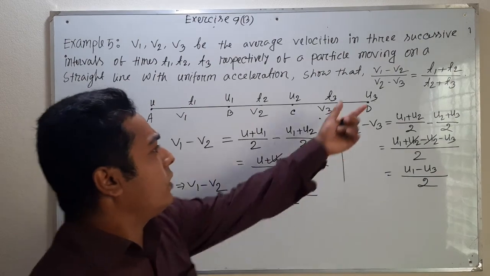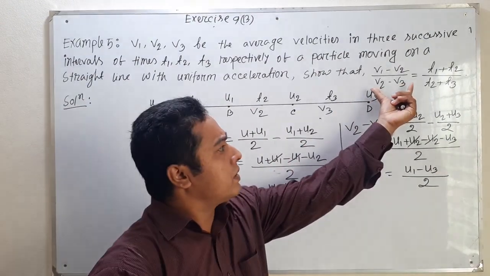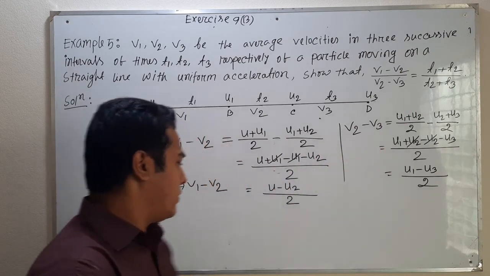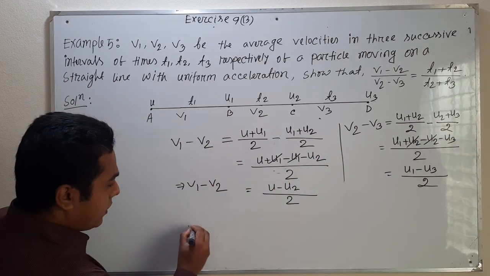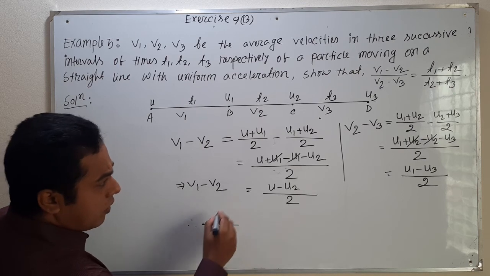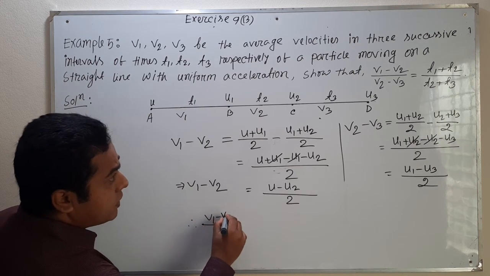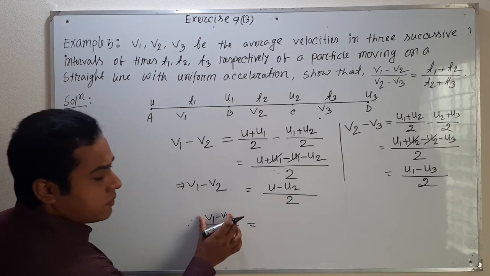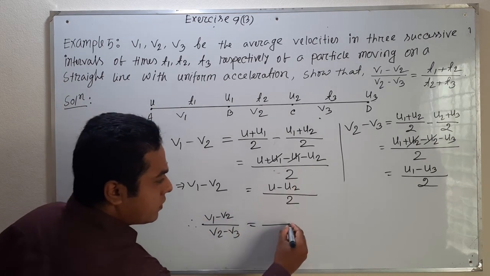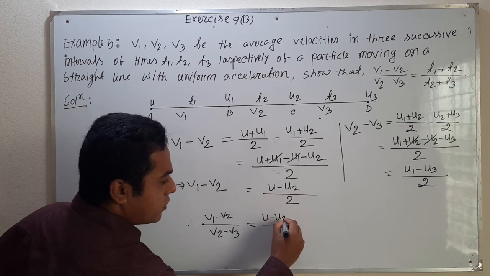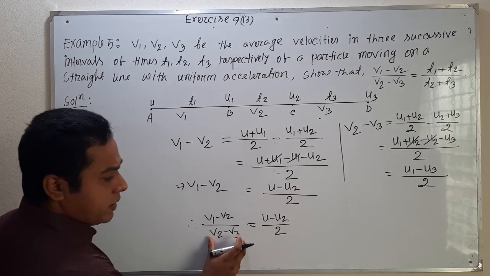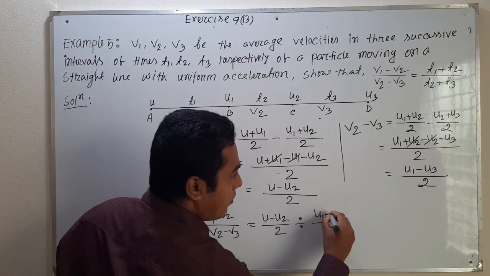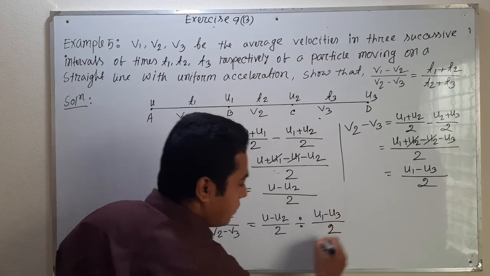Now dividing the left hand side by this: V1 minus V2 over V2 minus V3 is equal to u minus u2 divided by 2, divided by u1 minus u3 divided by 2.